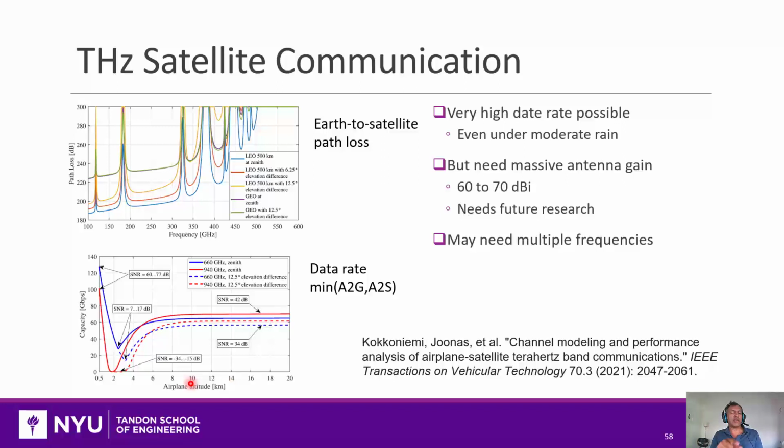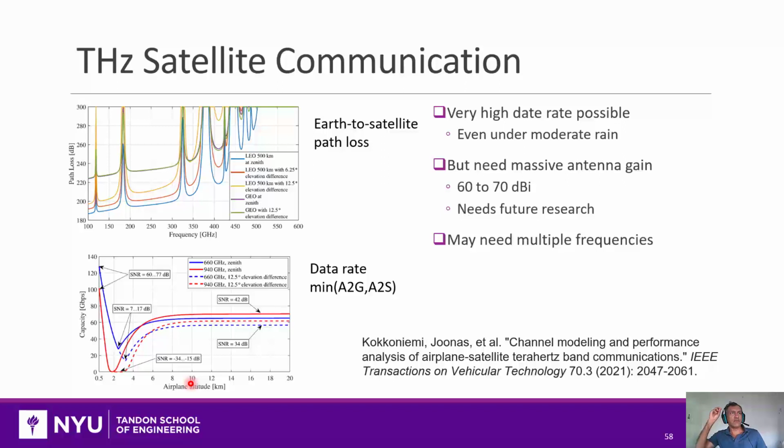But as the paper points out, what this needs is a very, very high gain antenna that will overcome that path loss, maybe in the order of 60, 70 dBi. If you are used to lower frequencies, that would be like the gain you would get on a deep space satellite parabolic dish, a much higher gain than what you're seeing now.